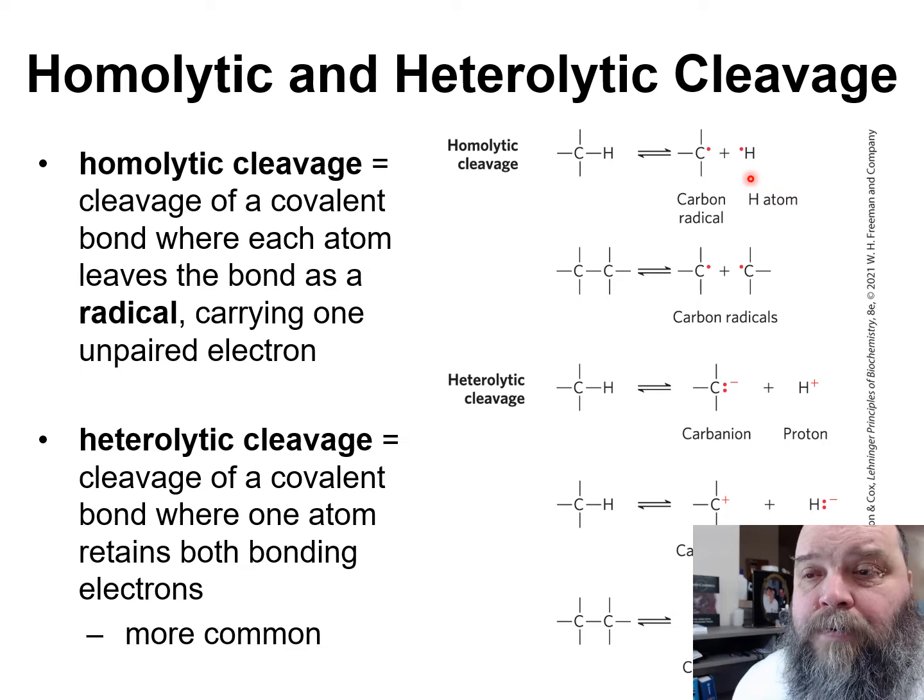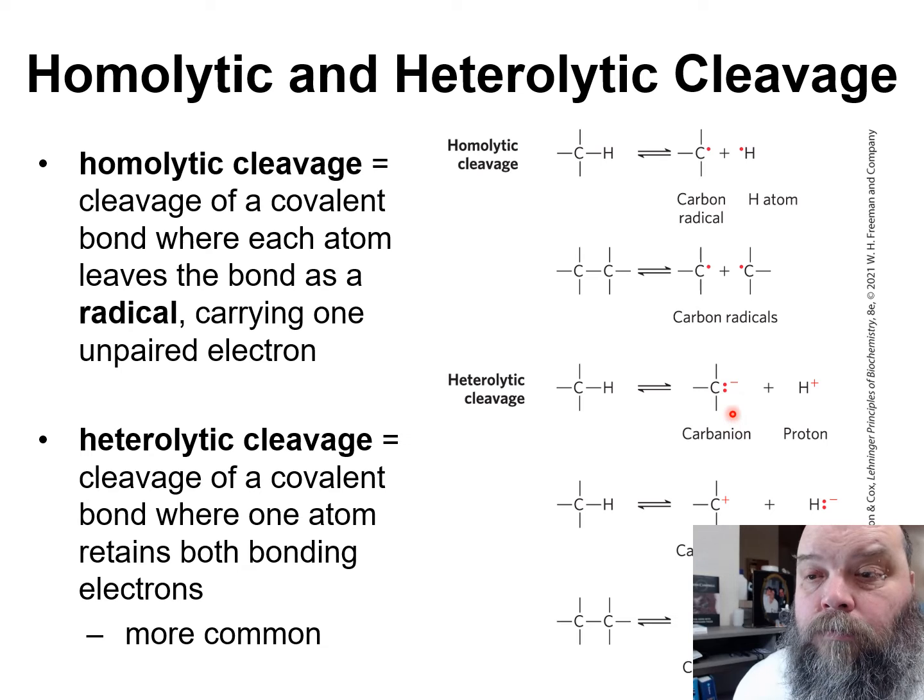If you divvy them up so that they're equal, each atom that was part of that bond gets one of the electrons. We refer to this as homolytic. This homolytic cleavage is going to result in a radical. Notice it has one electron, one electron. Its valence shell is not happy. It's going to be highly reactive.